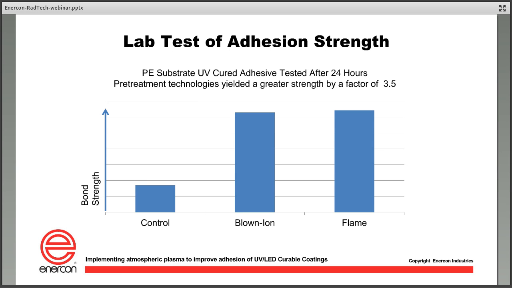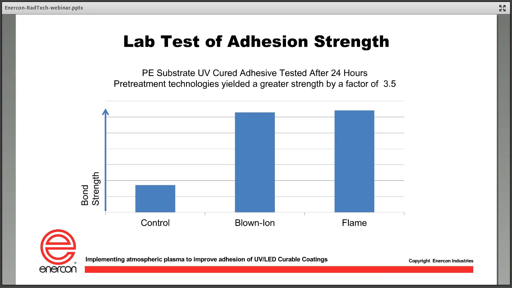Sometimes you get this question: how much are we going to increase the bond strength? This was an adhesive that we cured, in some test results related to a polyethylene substrate. But in general, both the blown ion system from the previous page as well as our flame plasma system can increase your bond strength by about 3.5 times what you'd be dealing with without.